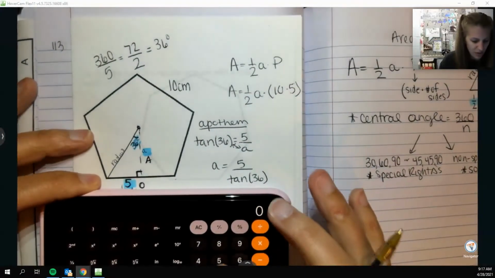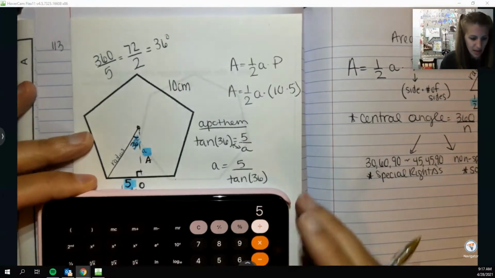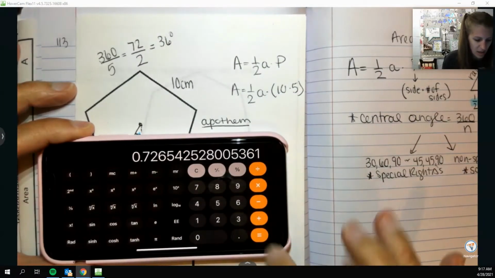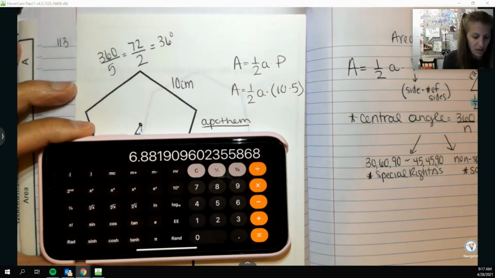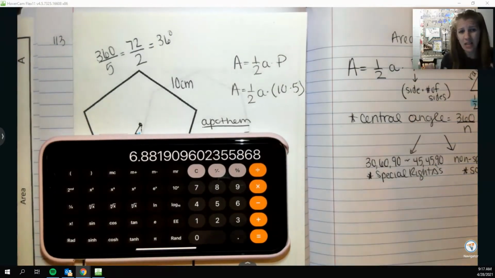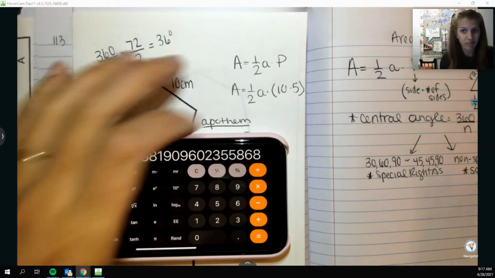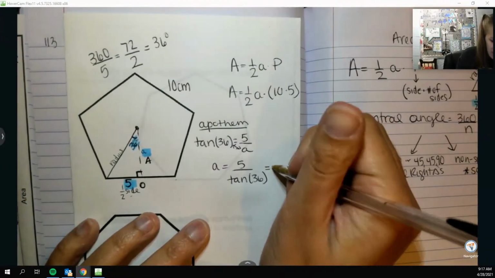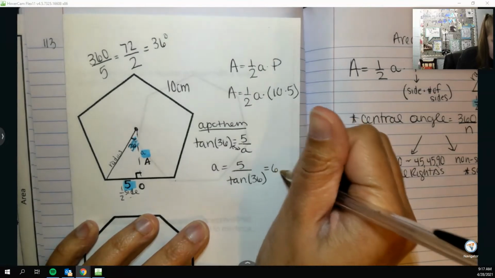So we're going to do 5 divided by 36 tangent equals. So my apothem is 6.88 units long. And we're going to just have to round, which is kind of a bummer. We'll go 6.9.